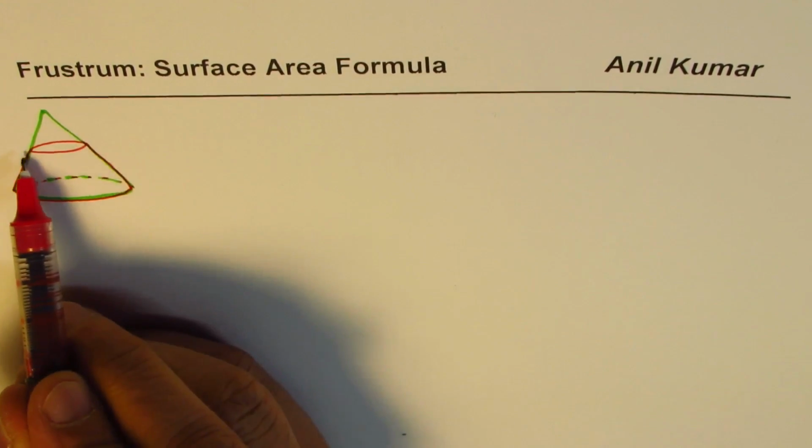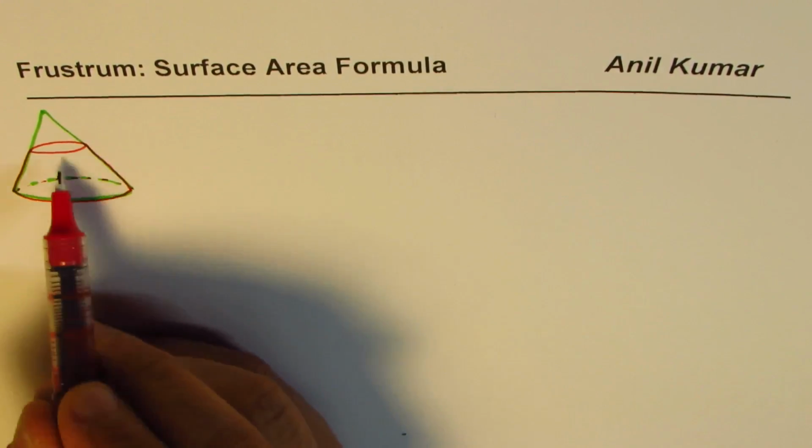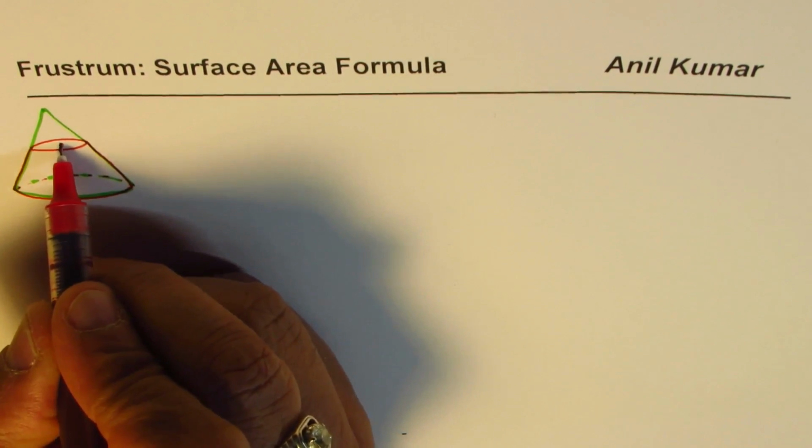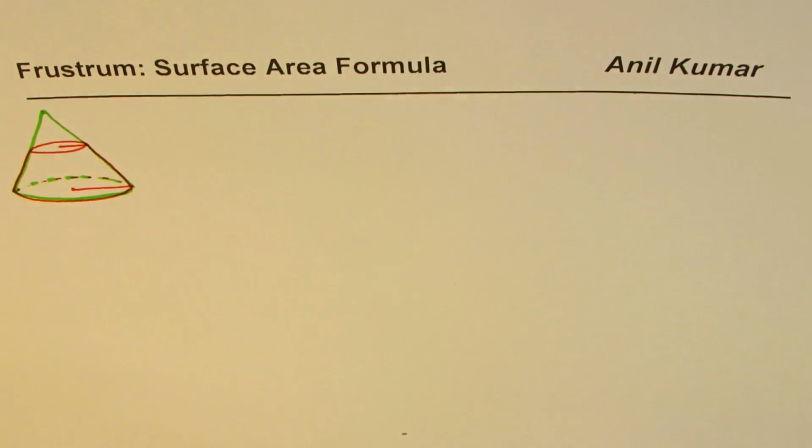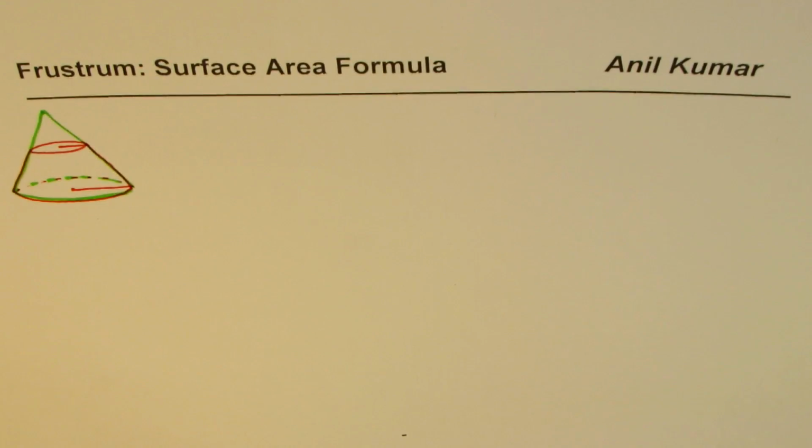Now this cutoff is parallel to the base. So these two sides are parallel. Okay, so these are parallel. So this forms a frustum. Now we need to find the surface area of the frustum. When we talk about surface area, there are two surfaces here to consider.